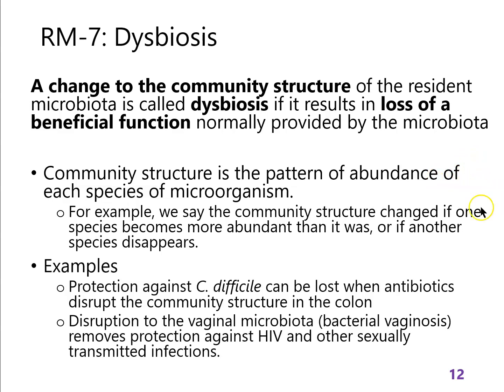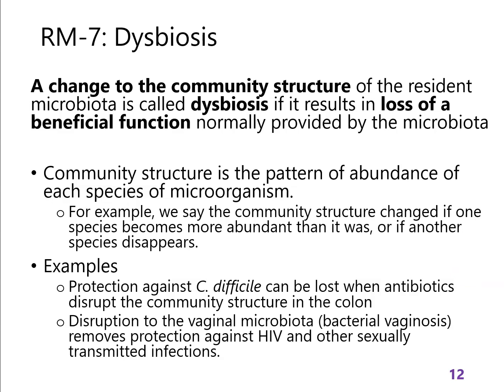So some examples of dysbiosis are, again, dysbiosis is when the community structure changes and that leads to a loss of function. So some examples would be if someone is infected by Clostridioides difficile, or C. diff, that typically happened in the past when antibiotics would disrupt the gut bacterial community.